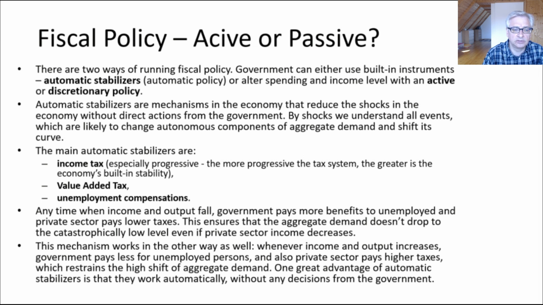All those automatic stabilizers work in a similar way, meaning if, for instance, income falls when output, like gross domestic product, falls, then people lose part of their income, but at the same time they move from higher tax brackets to lower ones. So their marginal tax rate would automatically be reduced. You do not pay 45% of your income because your income is smaller now. You pay, let's say, 20 only.